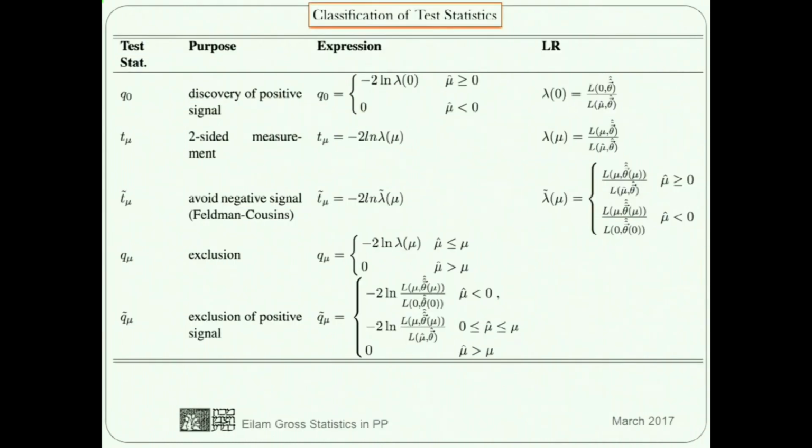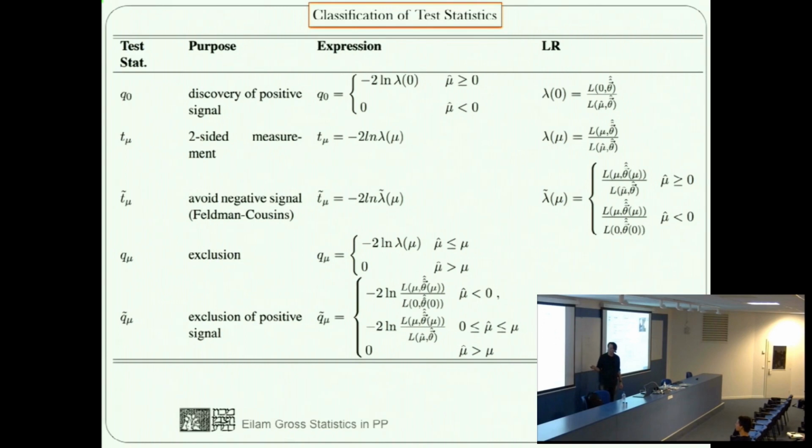So here's some classification of possible test statistics. If I want discovery of a positive signal, I will use q0. If I do a two-sided measurement, I will use t mu, just -2 log lambda. That's the classical test statistic. If I want to avoid a negative signal because it makes no physics sense, I will use t tilde mu defined here, where if my measurement gives me something negative, I will use L of mu over L of 0 and not over L of mu hat.